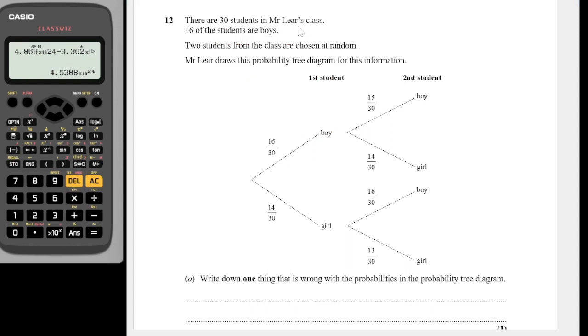Okay, there are 30 students in Mr. Leah's class. 16 of the students are boys. 2 students from the class are chosen at random. Mr. Leah draws this probability tree for this information. So first student, boy, 15 over 30. Okay, so we've got an issue here. Actually, I think the issue is here.